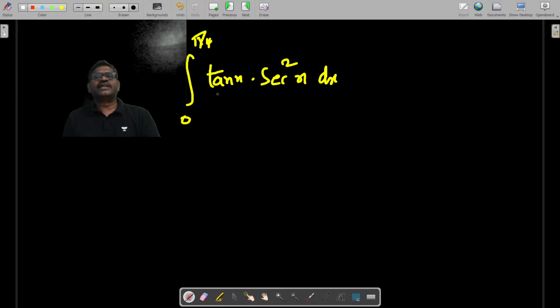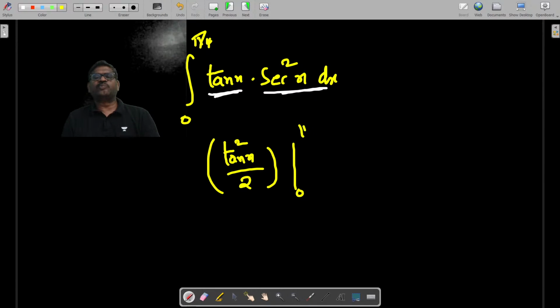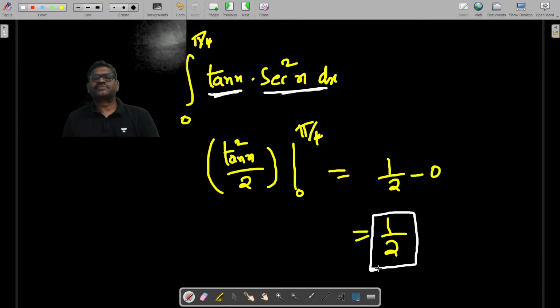Here tan x is f of x, and secant square x dx is f dash x dx. So we can write tan x whole square by 2 from 0 to pi by 4. By applying the limits, tan pi by 4 is 1, so 1 by 2 minus 0. The final answer is 1 by 2. The value of the integral is 1 by 2.